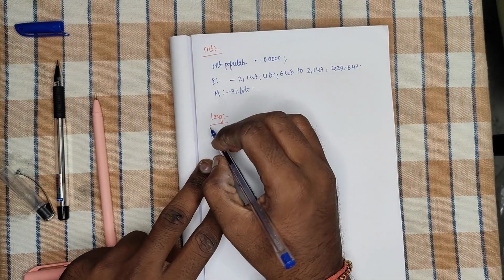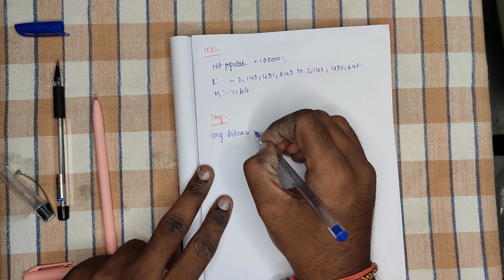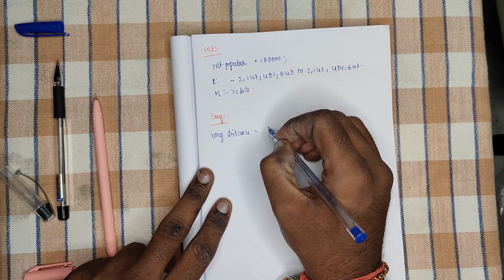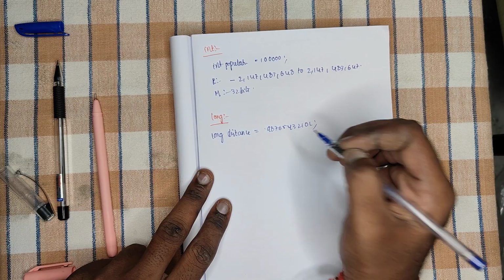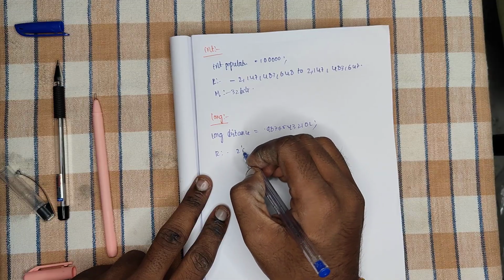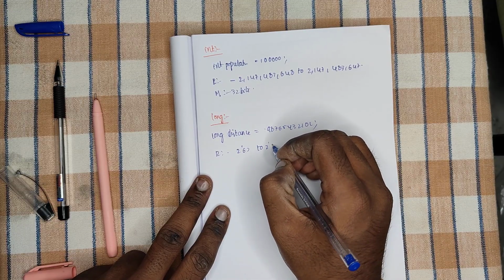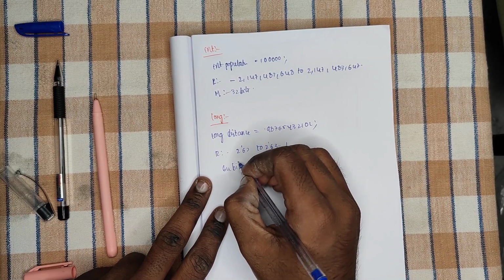Now long distance is equal to 9876543210L. Range is -2 to the power 63 to 2 to the power 63 minus 1. Memory 64 bits.